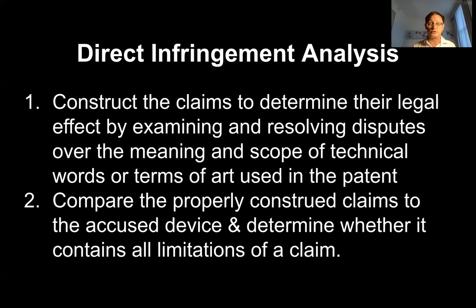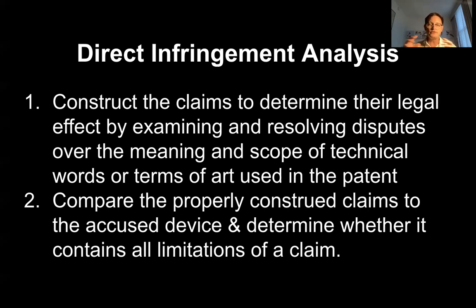Okay, so in order to determine whether or not an accused party is a direct infringer, well, what do you do? First, obviously, claim construction. You do a Markman type analysis, figure out what the patent claims actually say, and what the scope of the patent actually is.